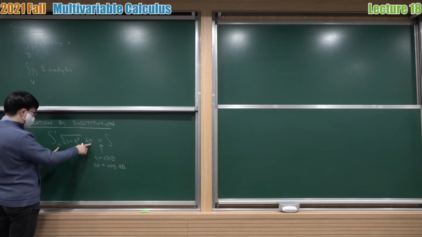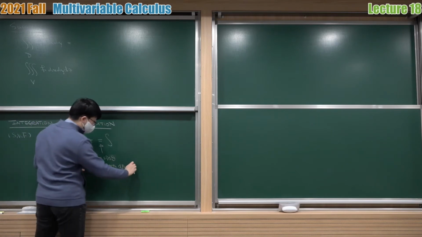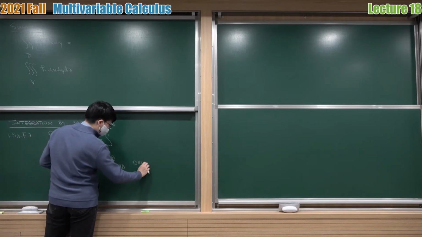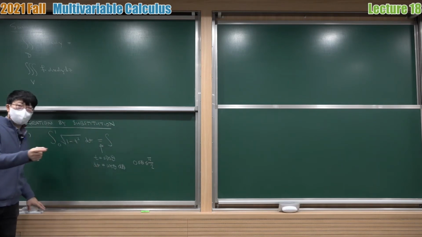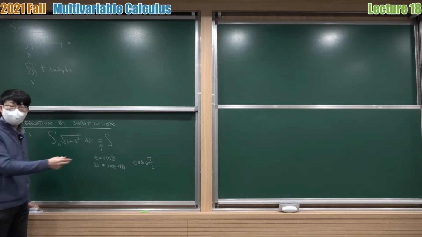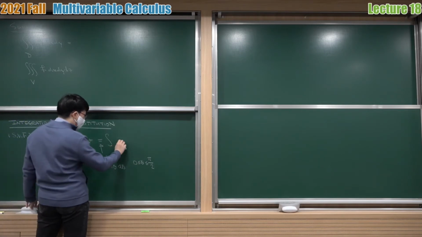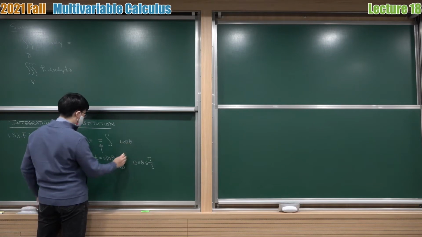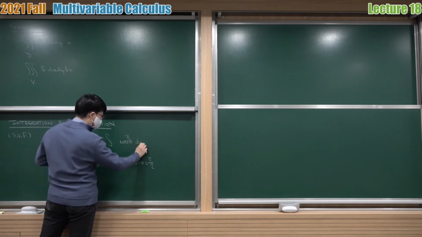we're taking t from 0 to 1. So basically, we're taking the range of theta to be 0 to pi over 2. And we know that cosine theta is always positive in this interval, so we can safely say that this is just cosine theta. Then dt is cosine theta d theta.